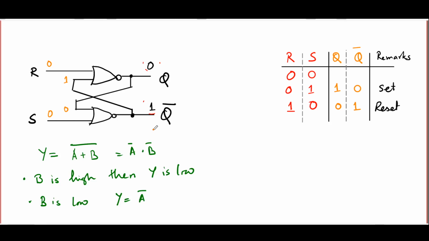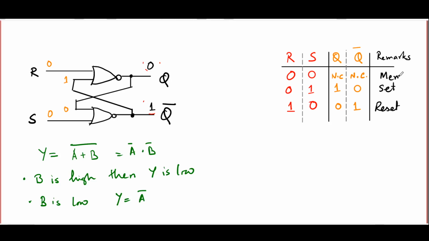They are not changing. So basically the output does not change. NC here stands for no change. The output just stays what it was before.